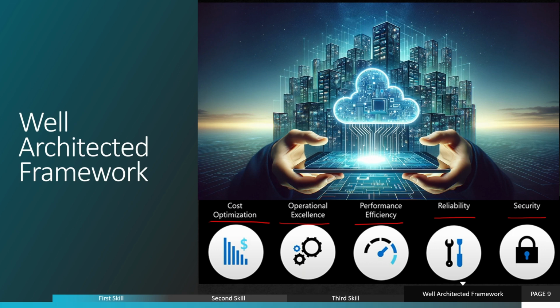So we are going to be zooming in onto the security pillar, which is an overarching pillar within the Microsoft well-architected framework. And the security pillar includes comprehensive sets of principles and recommendations that we can use to build and maintain secure cloud solutions. And it's going to be addressing key areas like identity and access management, network security, data protection, threat protection, and of course, security governance.